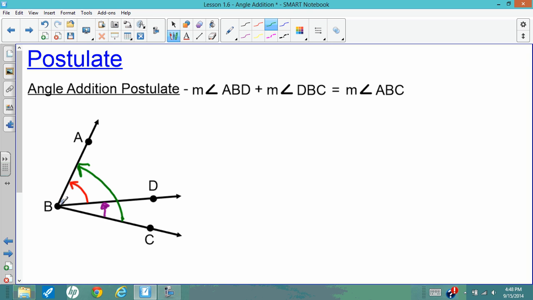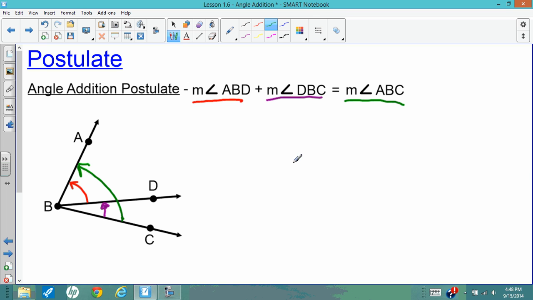So ABC is formed by ray BA and BC, and it's the sum of this smaller angle DBC and this smaller angle ABD. So if we knew the measures of all those in degrees, we could add angle ABD to angle DBC, and it would give us the measure of the entire angle, angle ABC.